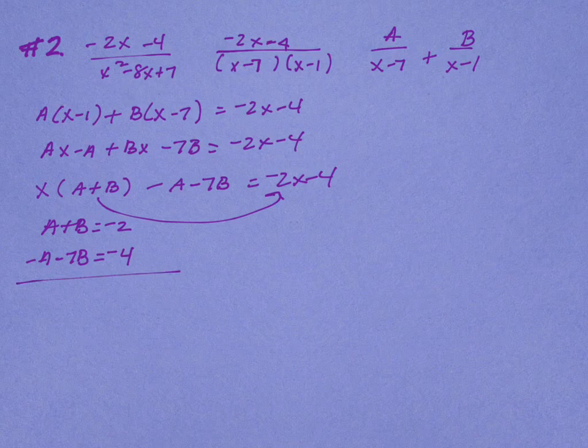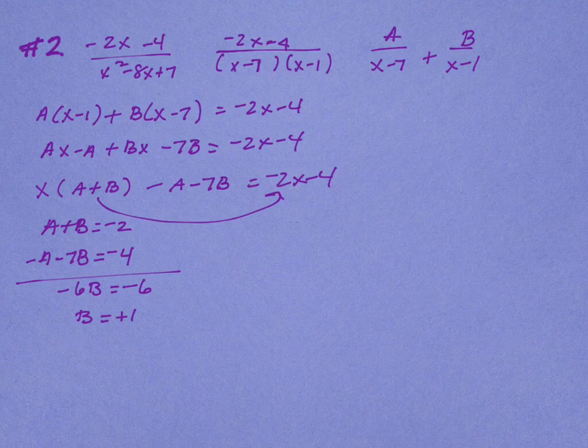So I'm gonna add that, right? Yeah. So that would be 0a, and then I have negative 6b equals negative 6, so b equals negative 1. Nope, b has to be positive 1, not negative 1, right?